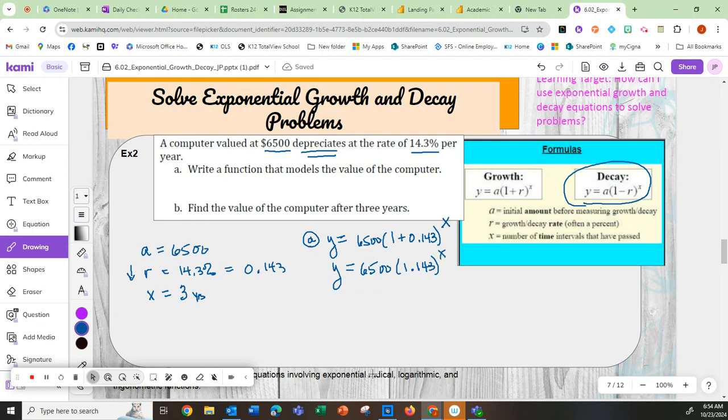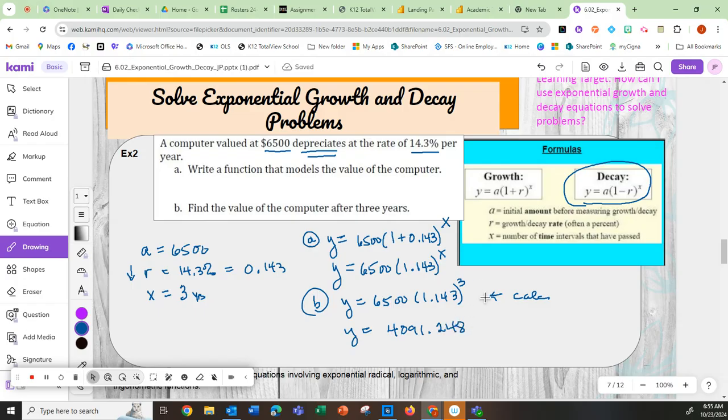So this is what they want for A. And then B wants to know what's the computer going to be worth after 3 years. So this is where you would put the 3 in for the X. And then you would put this in your calculator. And for this one, I got 4,091.248.